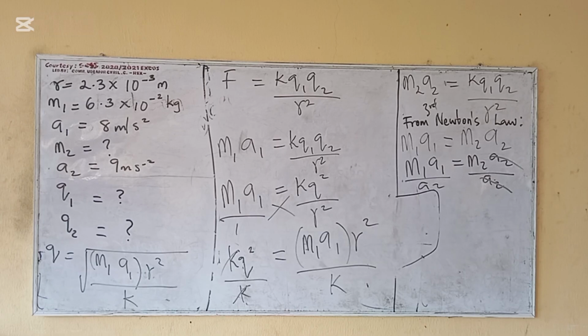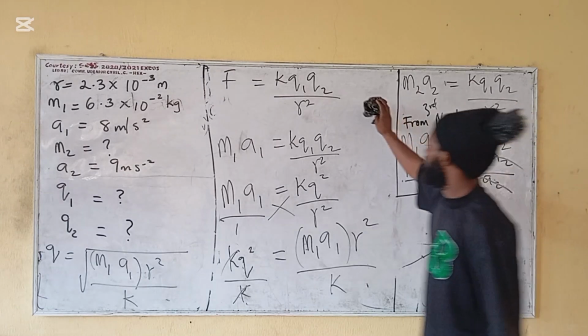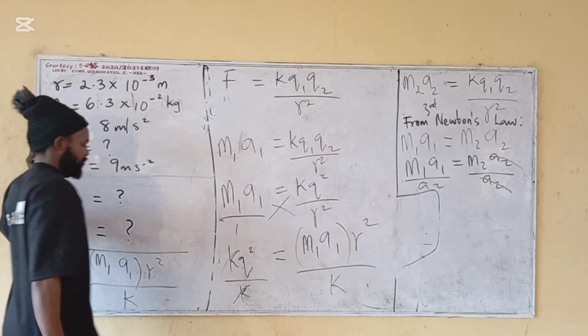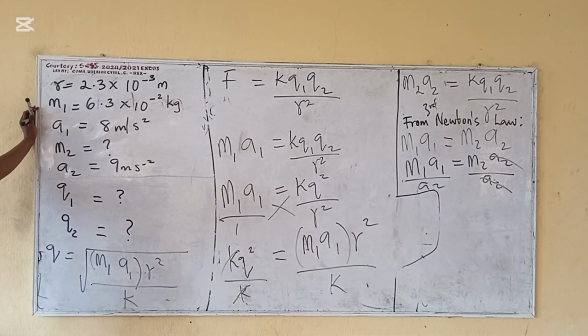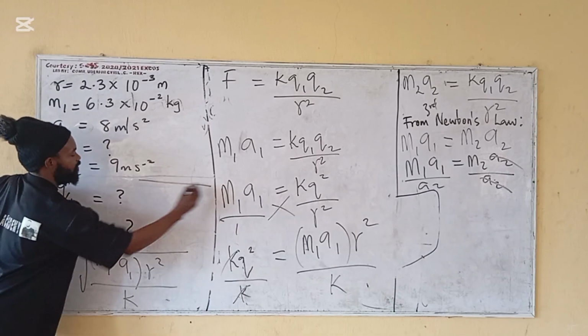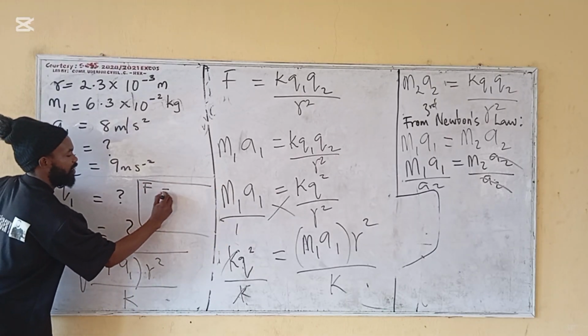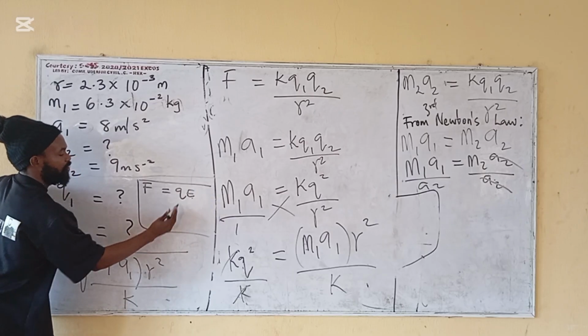Have you copied this one? Please, when you are treating charge, there's a reason why I'm telling you to have those two formulas in mind. If you hear that force inside the electric field is QE, that Q is charge, this is electric field intensity.